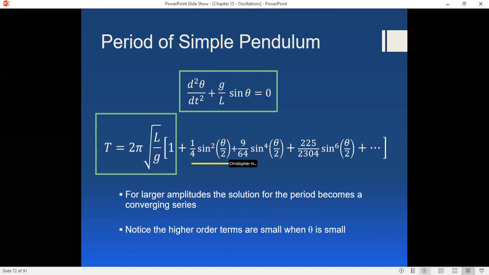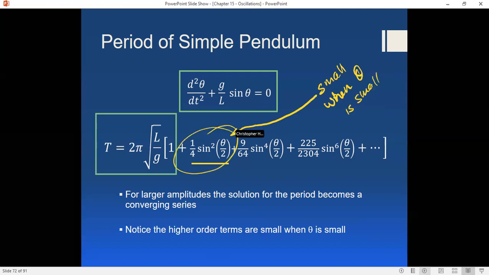So this term right here we see is 1/4 sine squared theta over 2, okay? Now, normally, the small angle approximation works because this is small when theta is small. But as the angle gets larger and larger, this term can no longer be ignored. Get to an even larger angle, and these other terms also start becoming significant.